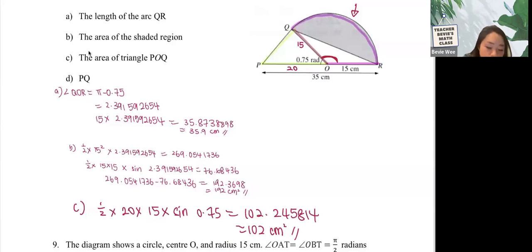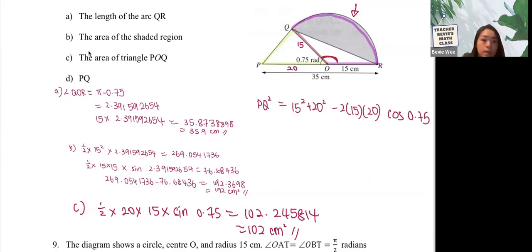Okay, it should be a cosine rule. So I'll get PQ squared equals b squared plus c squared minus 2bc cosine 0.75. Like this.